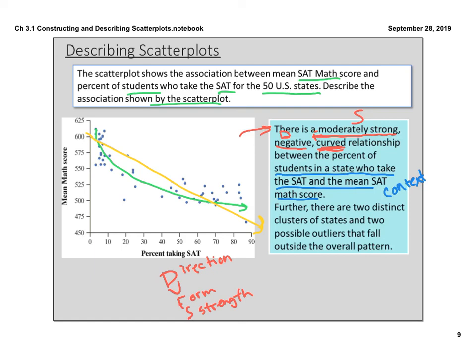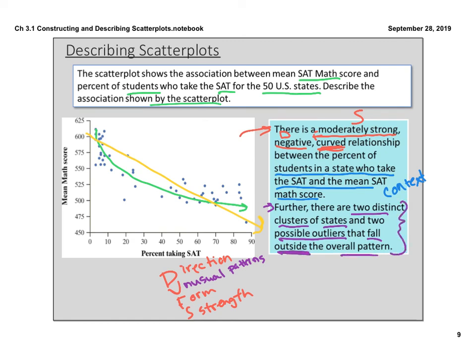Let's take a look at the next sentence down. What's our one variable that is left? Unusual patterns or characteristics or whatever you want to say. Furthermore, there are two distinct clusters of states and two possible outliers that fall outside the overall pattern.